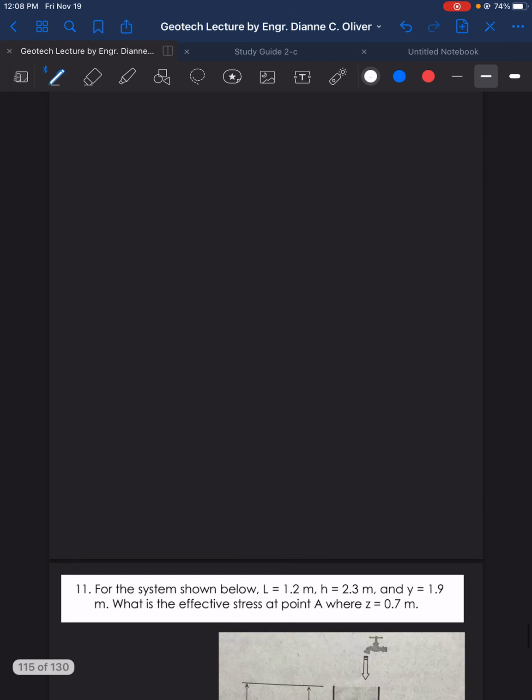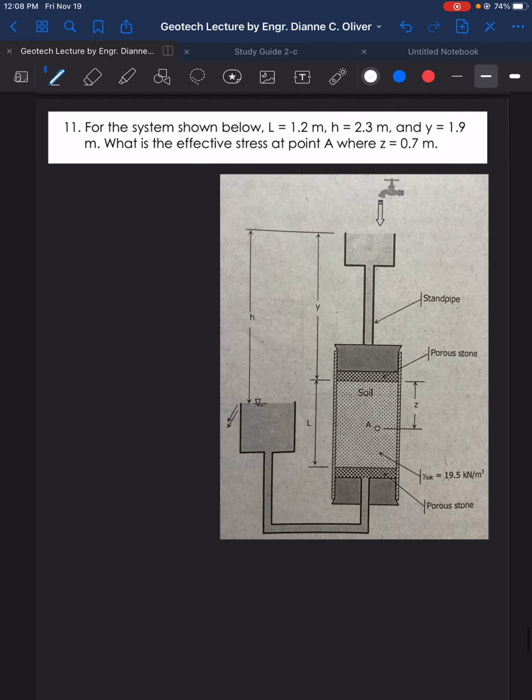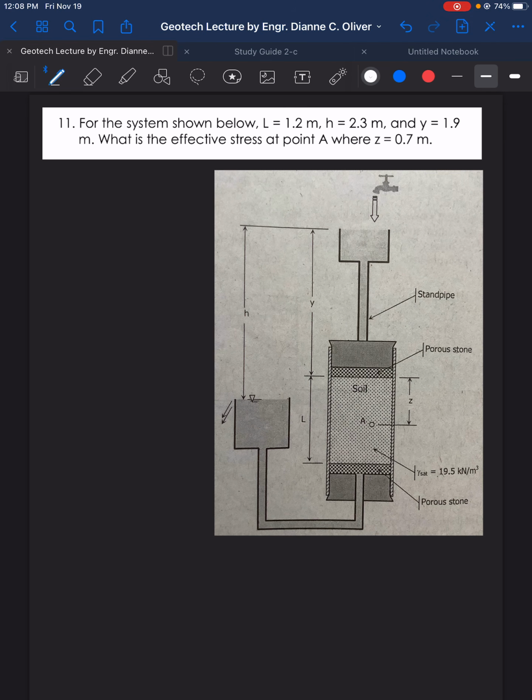Now last we have the number 11. For the system shown below, so this system here, L is equal to 1.2 meters. Okay, let's put the values.